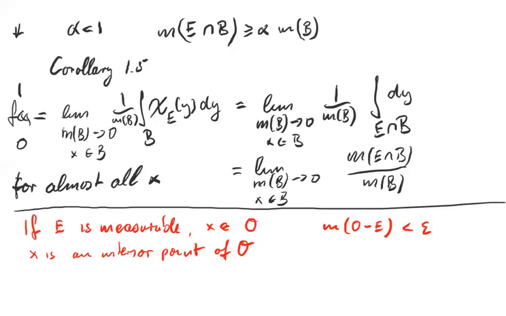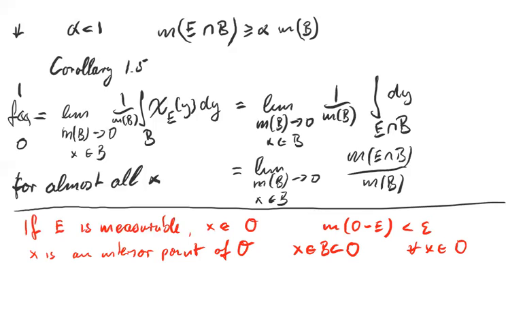So there exists a ball about x, which is entirely contained in O. That's for every x in O. There exists such a ball.